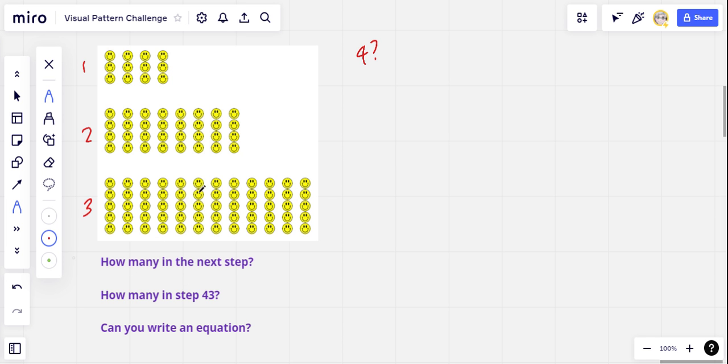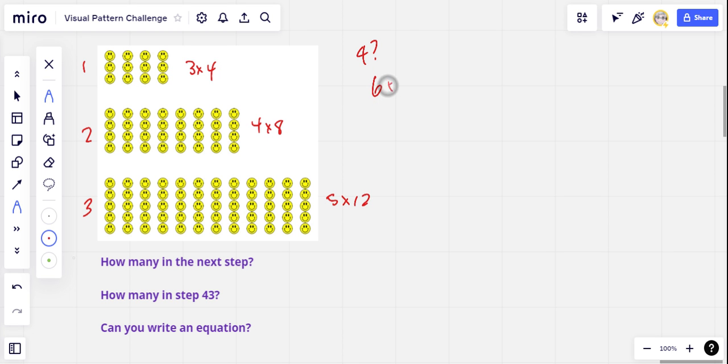Well, I guess the thing that leaps out at me is that these are just rectangles, right? So this is 3 by 4. And this is 4 by 8. And this is 5 by 12. Okay, so it looks like the first dimension is getting bigger by 1 each time.